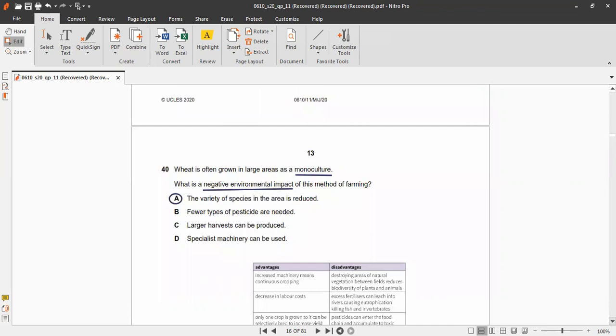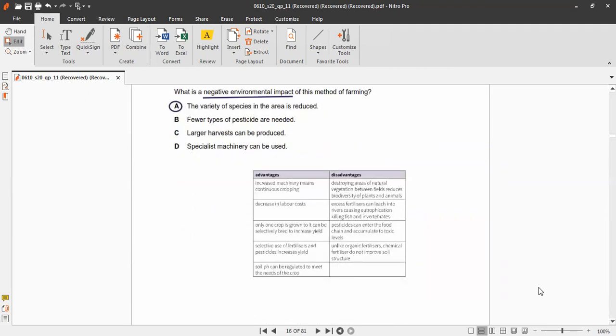Wheat is often grown in large areas as a monoculture. What is a negative environmental impact of this method of farming? Let's see the negative, the disadvantage. Destroying areas of natural vegetation between fields reduces biodiversity. So the variety of species in the area is reduced. So the correct answer A.